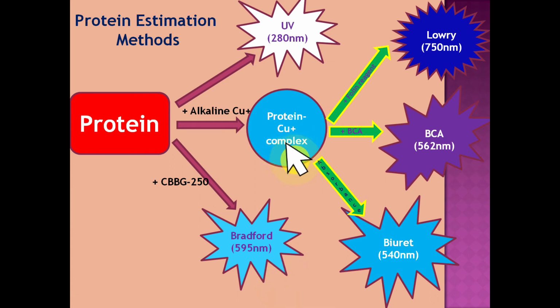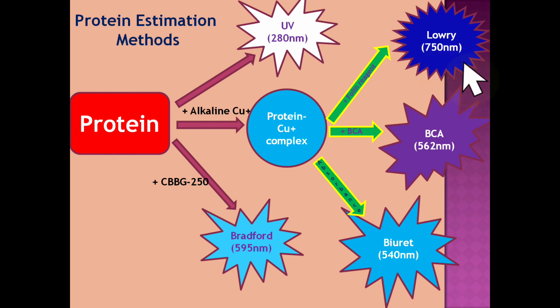In the biuret reaction, the protein sample is treated with alkaline copper sulfate, and the protein and cuprous ion complex is measured at 540 nanometer in the biuret test. Whereas in the Folin reaction, the protein cuprous complex formed after the biuret reaction is used to reduce Folin reagent.